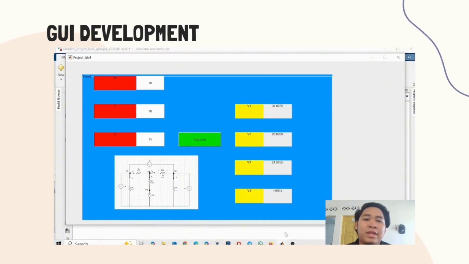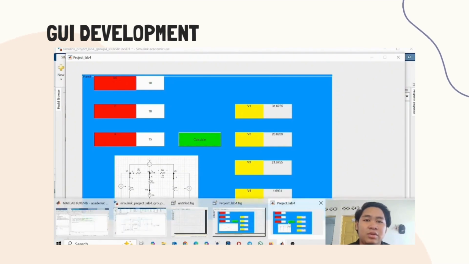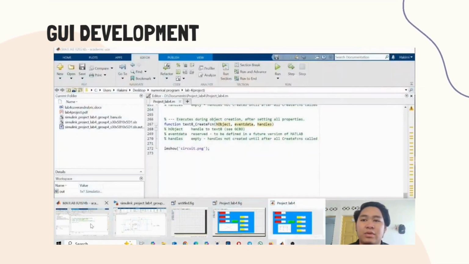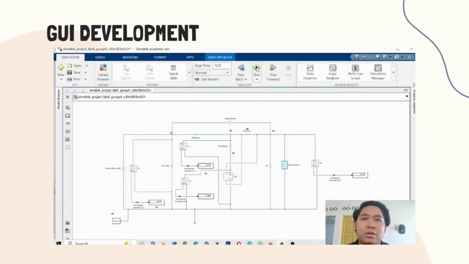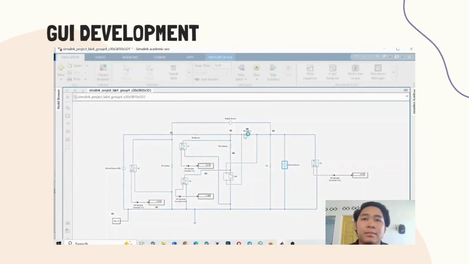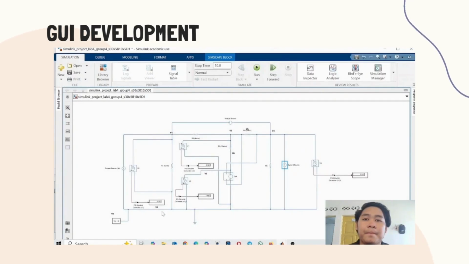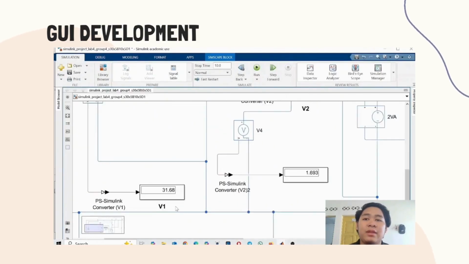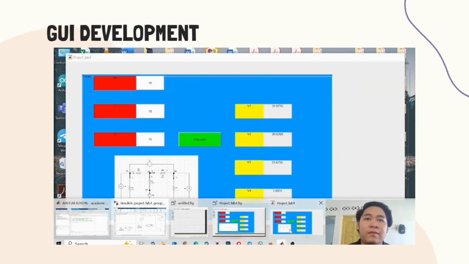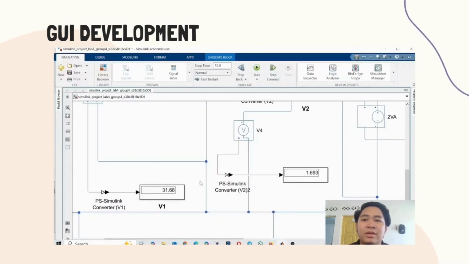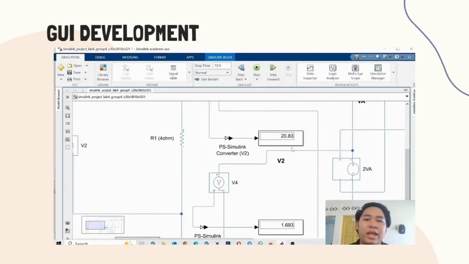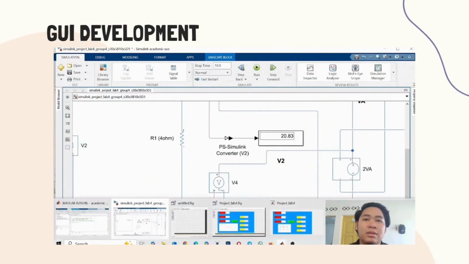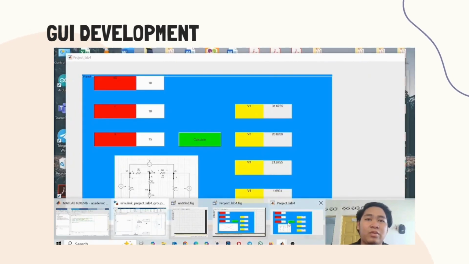Let us look at our Simulink to see whether the value of the GUI is the same or not. So we run. The value of V1 is 31.6755. Okay, it is the same. For V2, 20.83, and in the Simulink it is 20.8289, so it is the same.